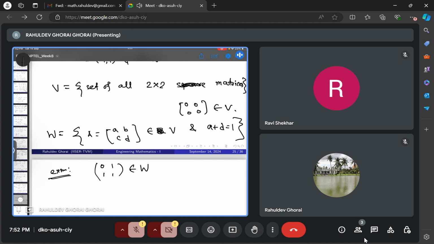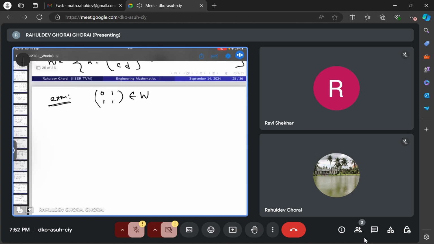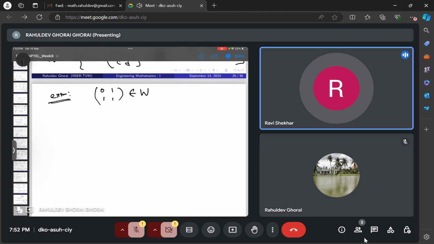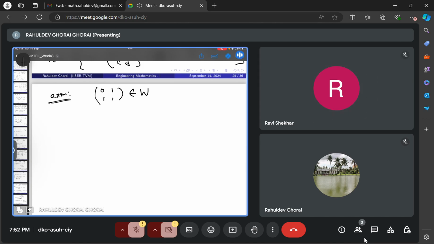So there is something called linearly independent and linearly dependent. Do you know that? Sir, can you please give the overview, sir? Yes, yes. An element of a vector space is called a vector. A matrix is a vector, right?